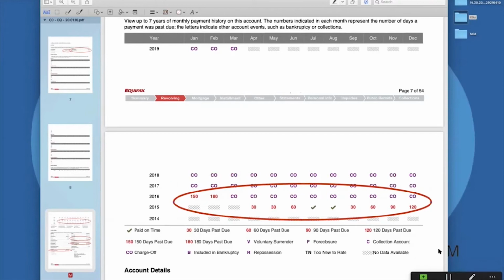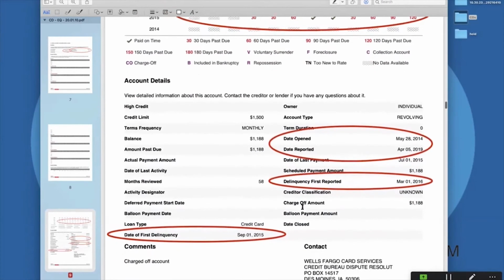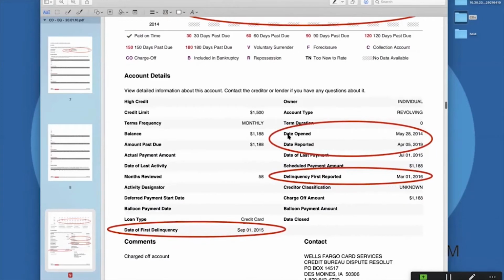All right. Now, next, let's go to the account details. Here again, this is a closed account. It's a charge off, but it still shows the date open. It shows the date that it was reported and the date of the last payment. So then there's a date of first delinquency, September of 2015, then delinquency first reported, March 1st of 2016. Those are two different references. So that you know, there is a date of first delinquency of when you actually went late.